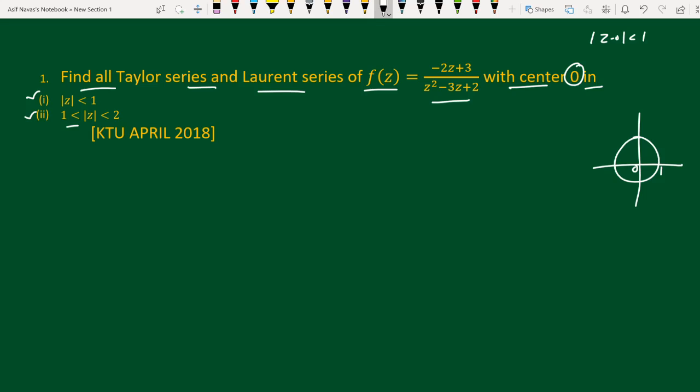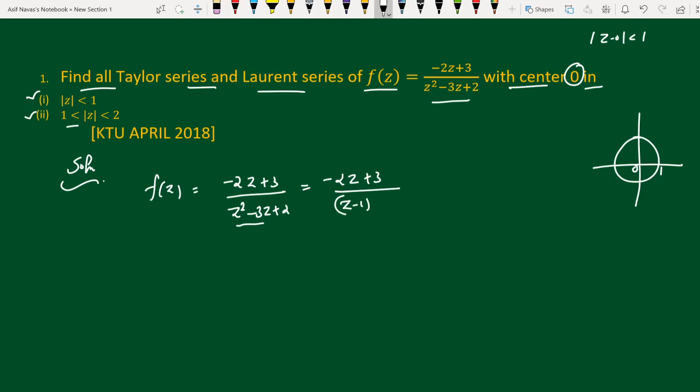So first, we have f of z is equal to minus 2z plus 3 divided by z square minus 3z plus 2. This z square minus 3z plus 2 is z minus 1 into z minus 2.